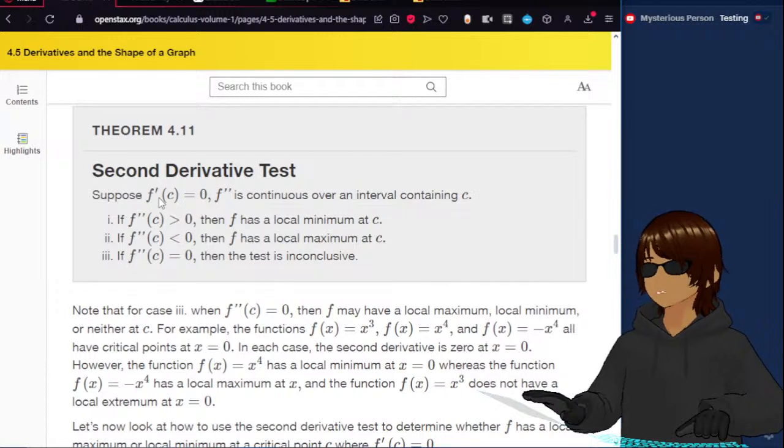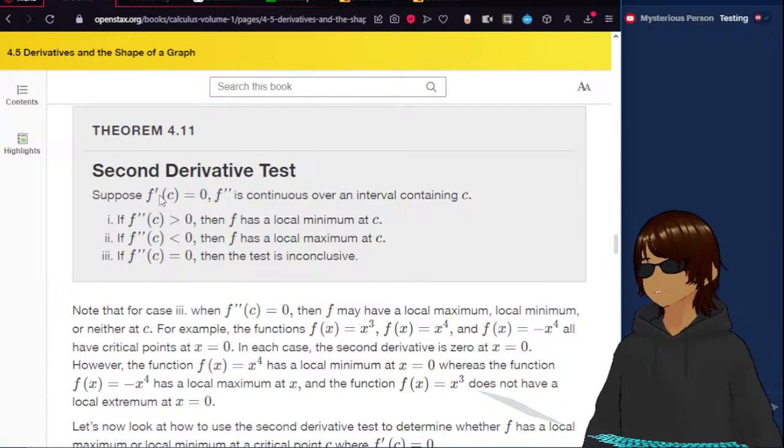Suppose the derivative of f at c is 0, and the double derivative is continuous over an interval containing c. If the double derivative at c is more than 0, then f has a local minimum at c.